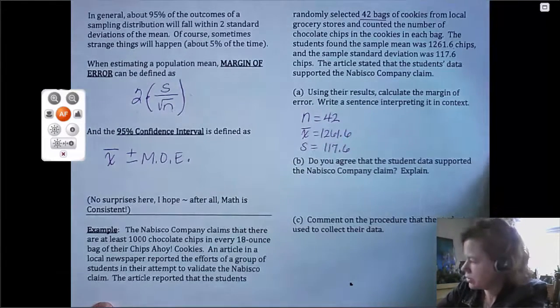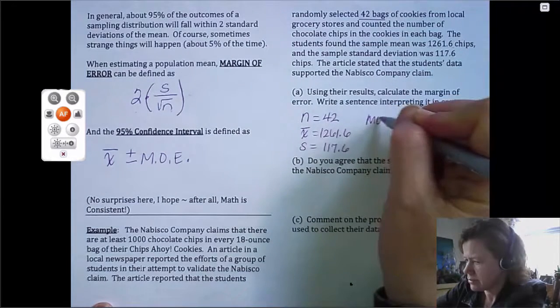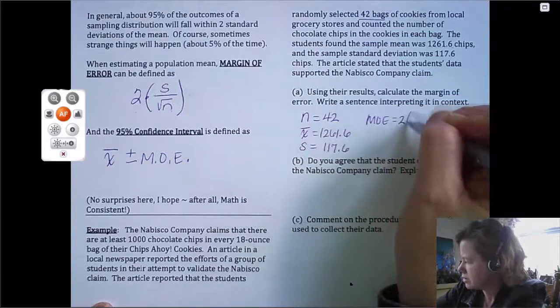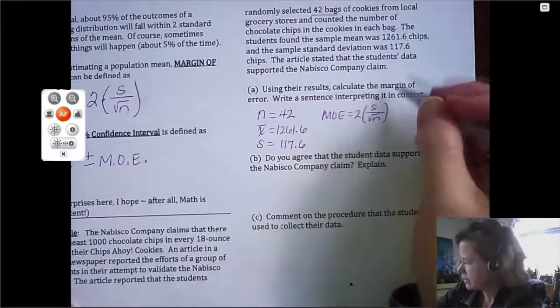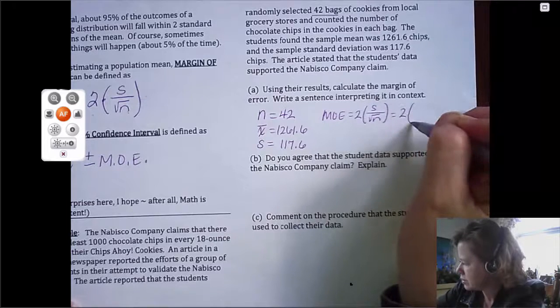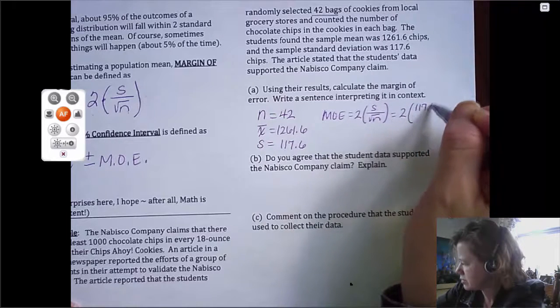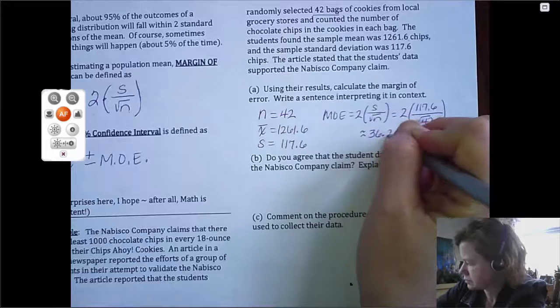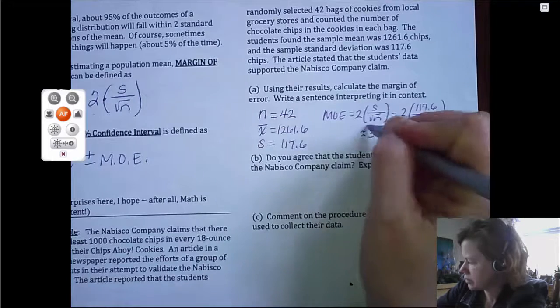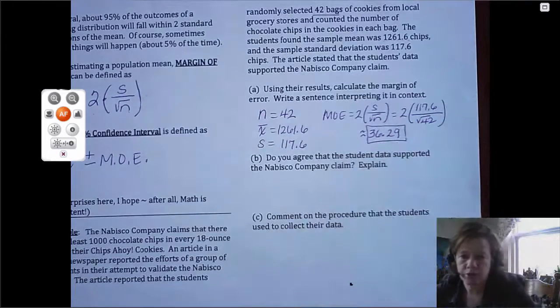So, my margin of error is 2 times that sample standard deviation over the square root of the sample size. So we have 2 times 117.6 over the square root of 42. So my margin of error is about 36.29 chips.